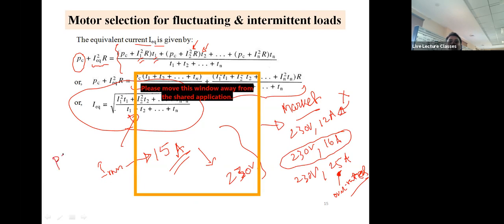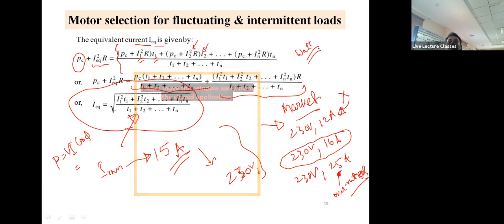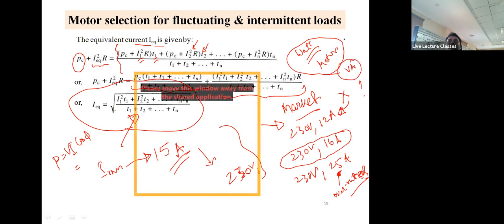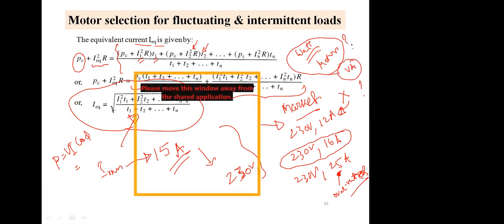So motor rating will come in VI cos phi. Why is the motor rating in watts, and why is the output of a transformer in VA? Motor rating is in watts and the transformer rating is in VA. Why? Because transformer rating doesn't depend on cos phi.